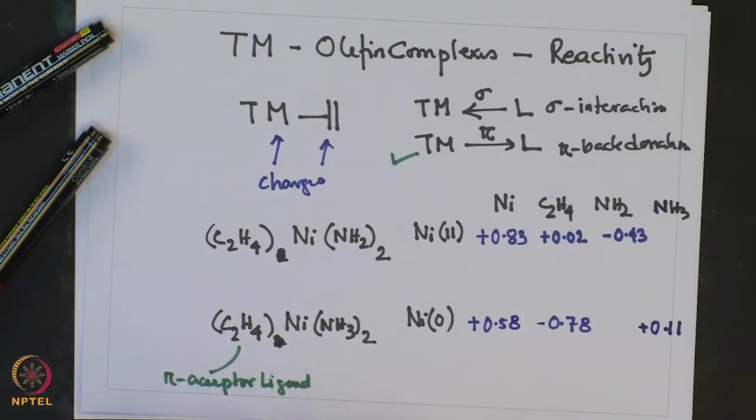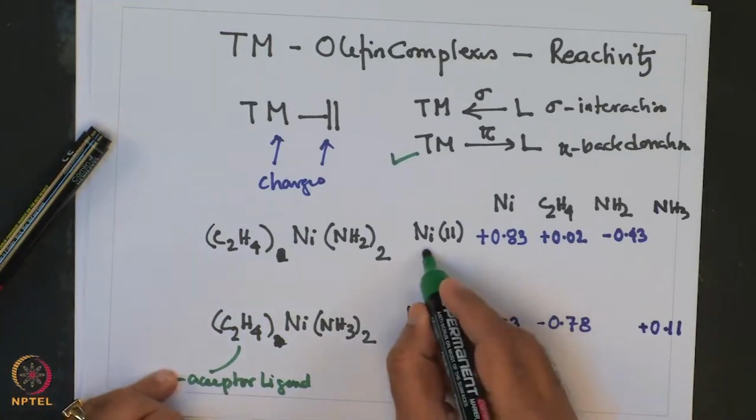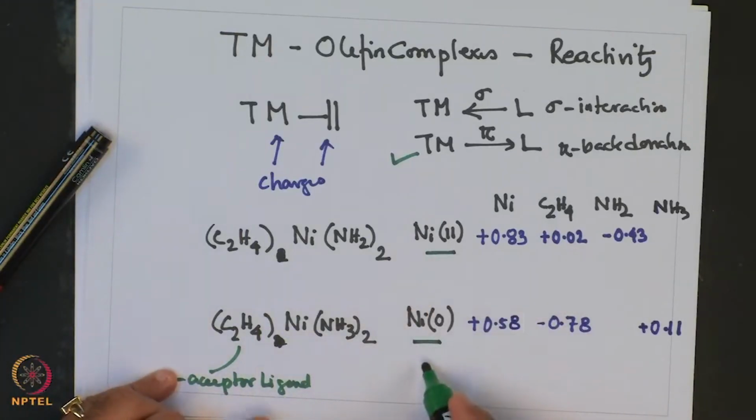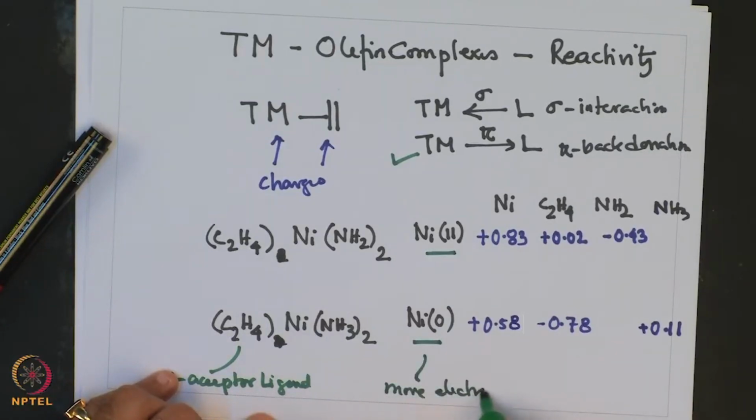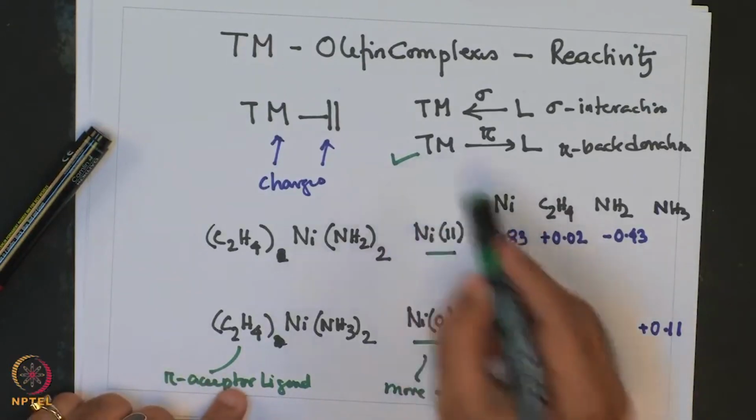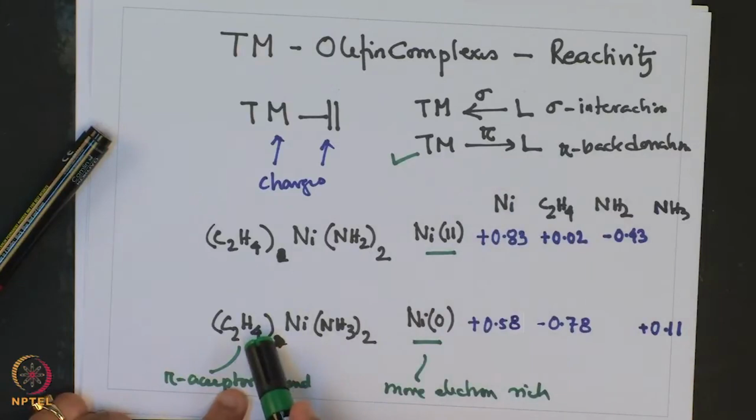So, what one can see is that if one were to compare nickel 2 and nickel 0, nickel 0 is more electron rich, and hence nickel 0 has greater transition metal to alkene pi back donation.